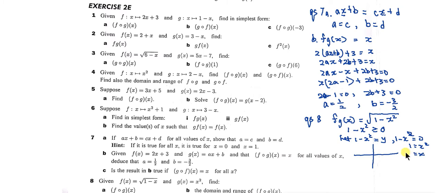Therefore, x becomes plus minus 1. Okay? Remember this minus x squared, so it's a maximum curve. And then when y equal to 0, you follow the x-intercept. So it's here minus 1. Here is 1.